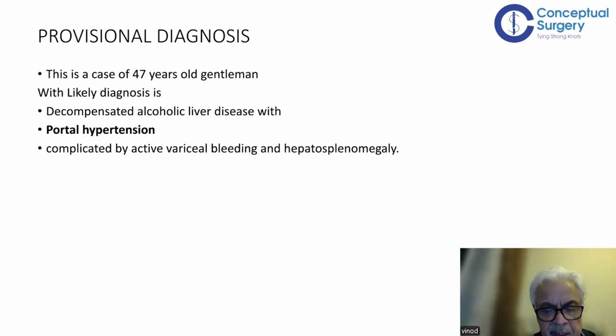The spleen size depends upon the site of block to the portal venous system. The closer it is to the spleen, the larger will be the size of the spleen, and the farther away from the spleen it is, the lesser will be the size of the spleen. So what does it amount to? When there is an obstruction to the splenic vein or to the extrahepatic portal vein, the spleen will be very large in size.